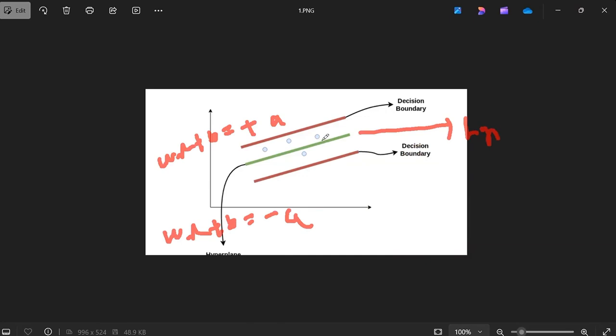So from the hyperplane to this decision boundary, is this positive distance or negative distance? Positive distance. And from this hyperplane to this one, is it positive or negative distance? Negative distance. Then my question: the distance between two support vector lines is called the marginal distance. So in SVR, the distance between two support vector lines is called marginal distance.